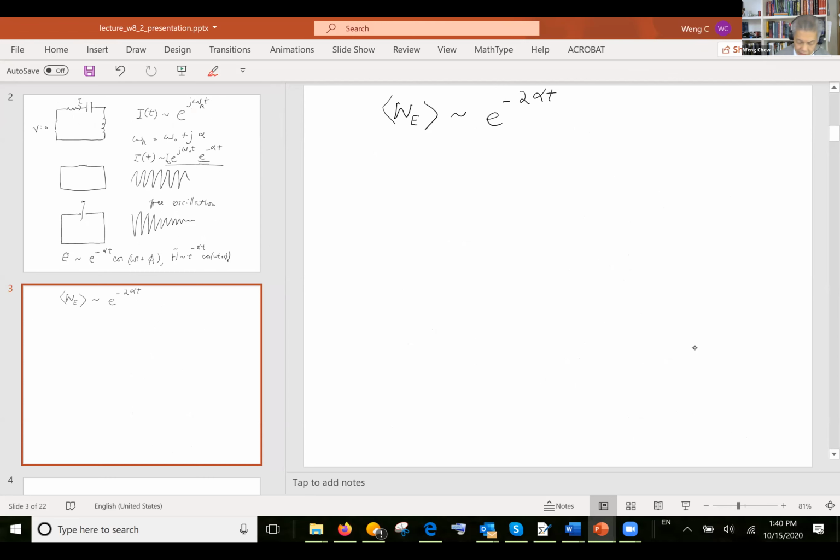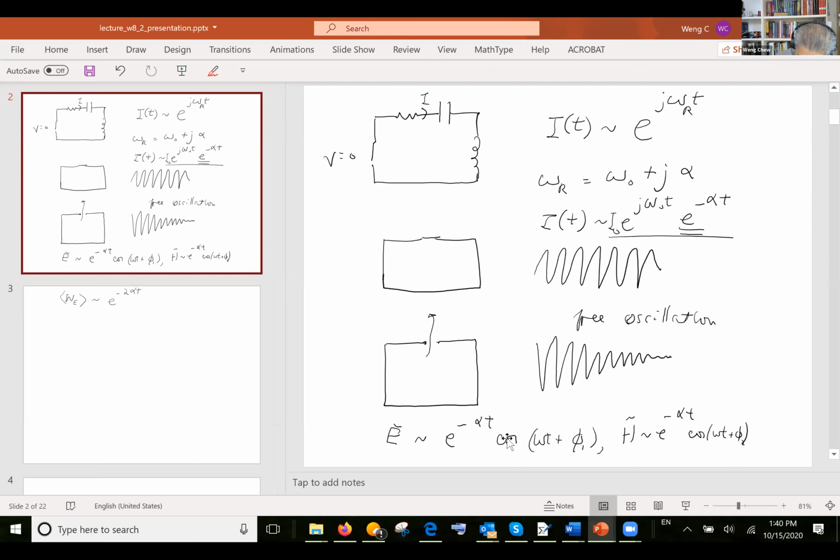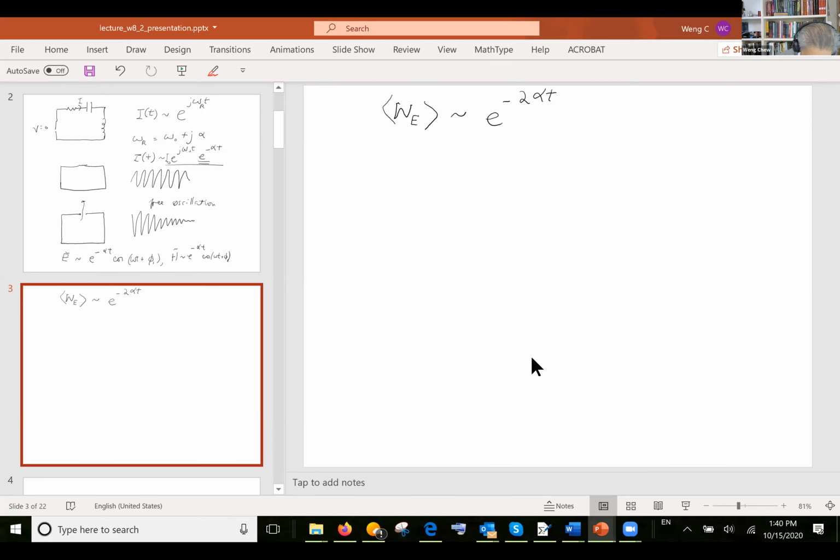If you take the time average of the electric field energy stored in this field, this one would time average to a constant, but this one would become e to the minus 2 alpha t times maybe W E naught or something like this.